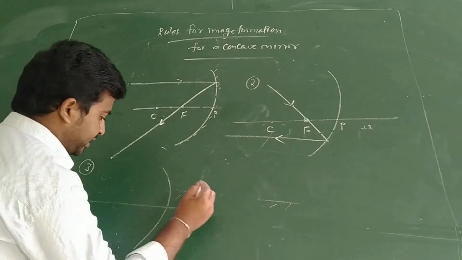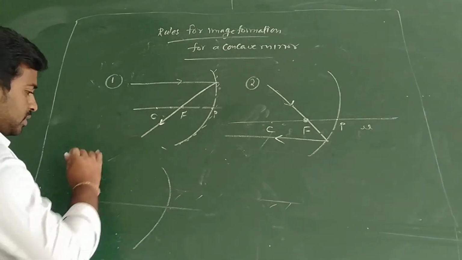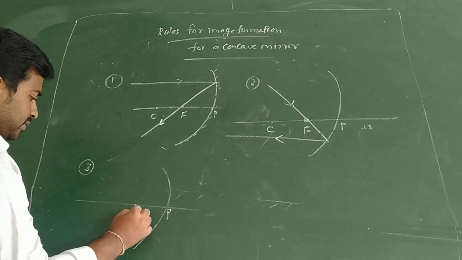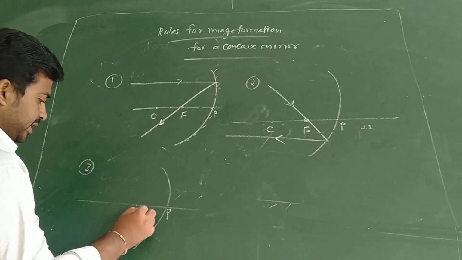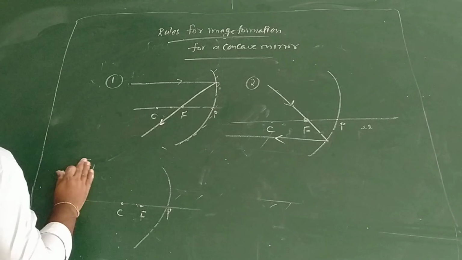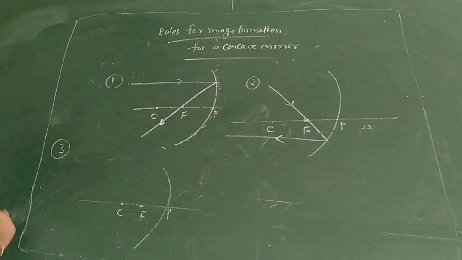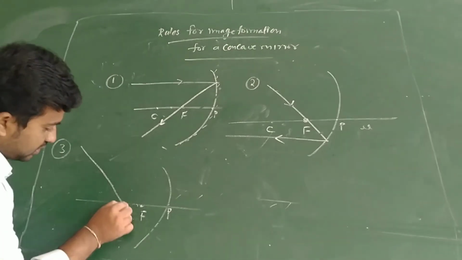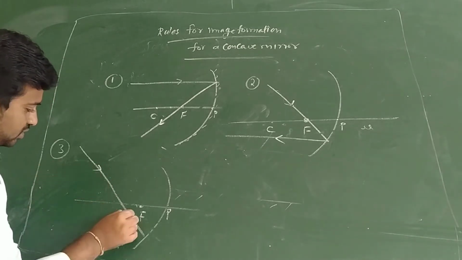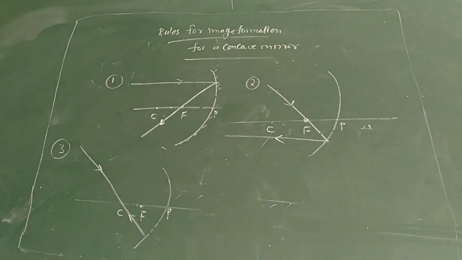So when incident light rays are incident on the center of curvature, it retraces its path. So it does not reflect. Why?